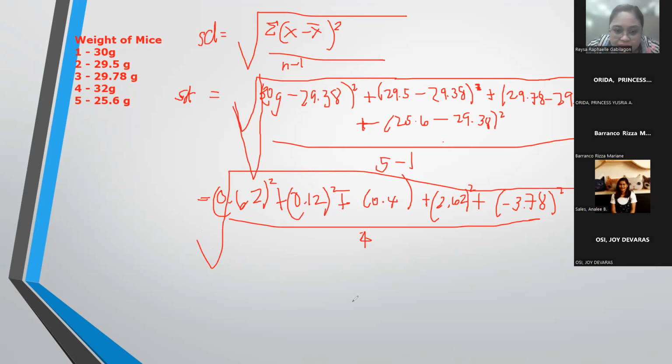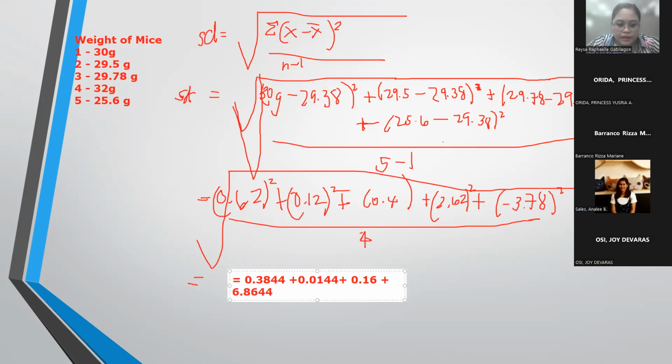Okay. Next. So let's square one by one. 0.62 squared is 0.3844, plus 0.12 squared is 0.0144, plus 0.4 squared is 0.16, plus 2.62 squared is 6.8644.